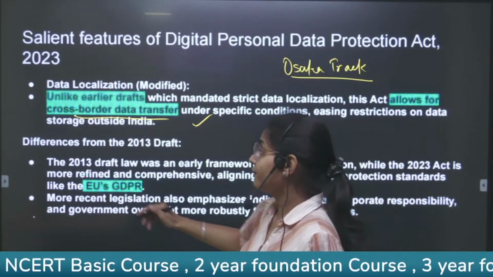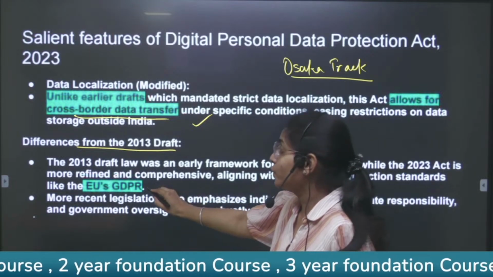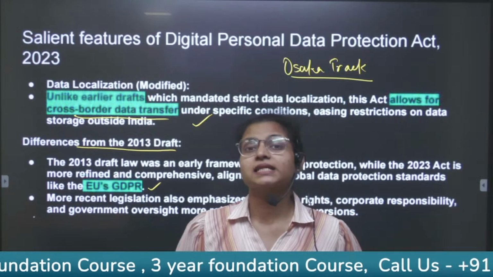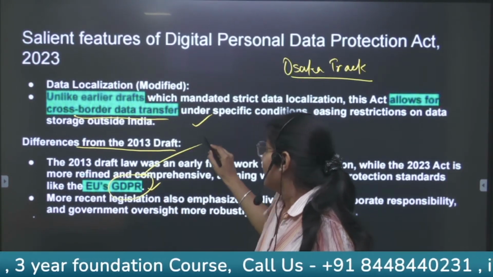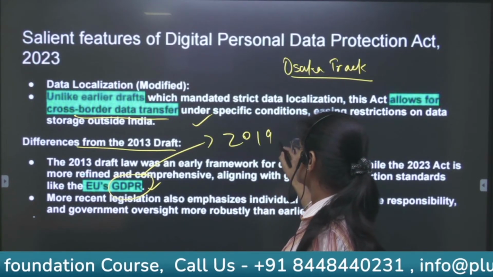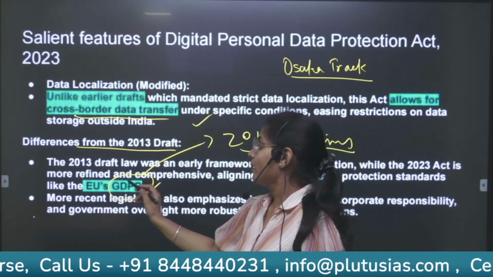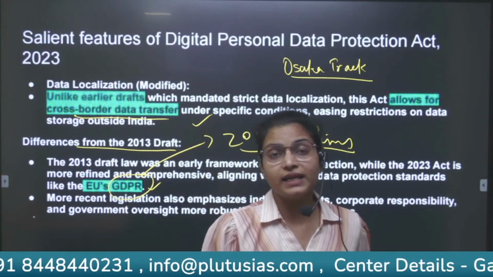And another difference, if we see from the 2018 draft, is the European Union GDPR, that is a global data protection regime. We have also complied with it, and even in 2019 prelims, they asked which country or region GDPR relates with.